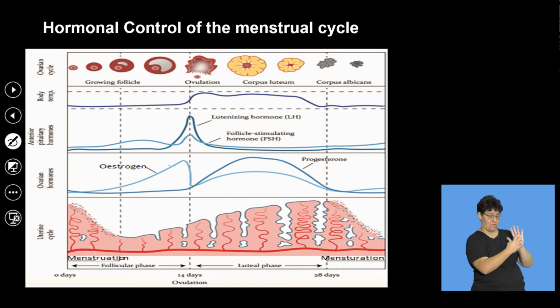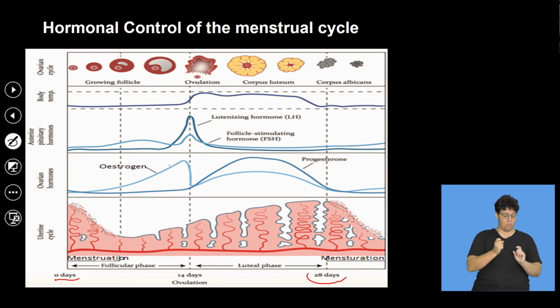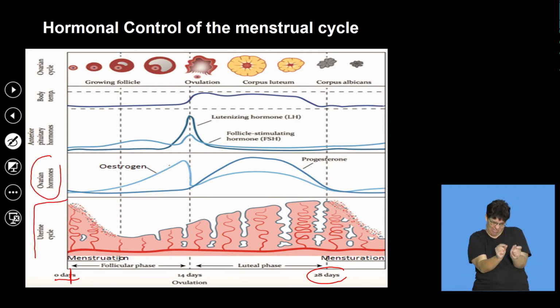When you look at this graph, on the x-axis we have time plotted in days from day 0 to day 28, and essentially this is the first day when menstruation starts. This graph also illustrates the thickness of the endometrium. It shows you the different ovarian hormones, which are estrogen as well as progesterone.